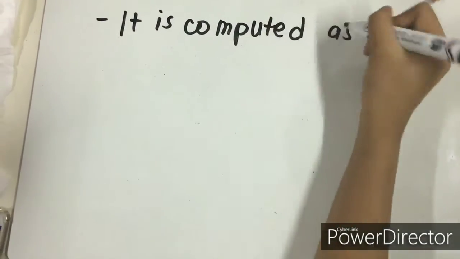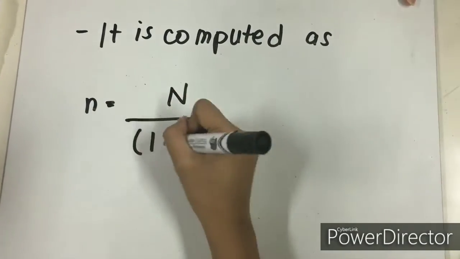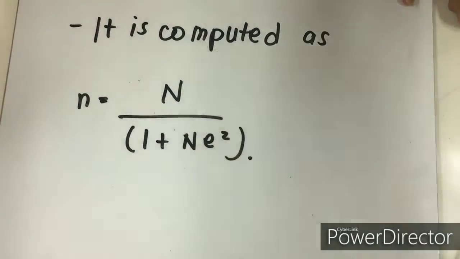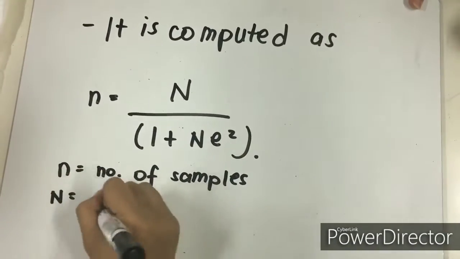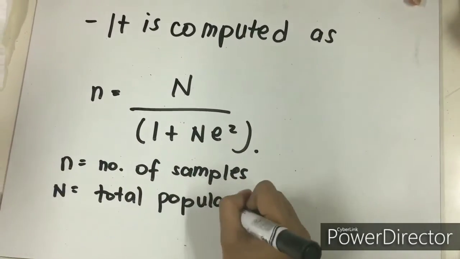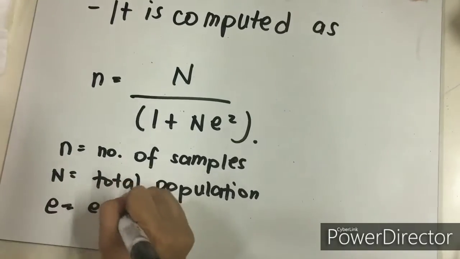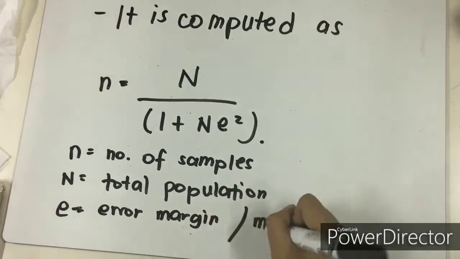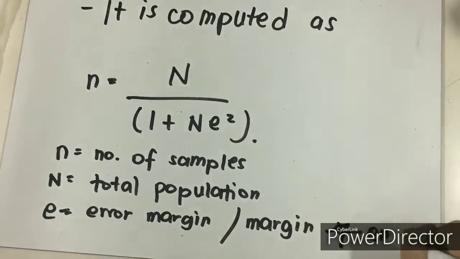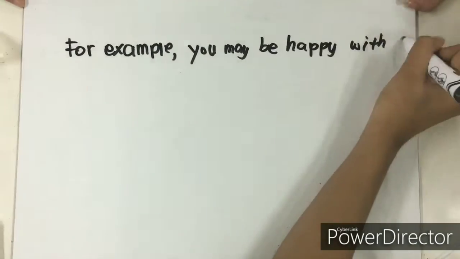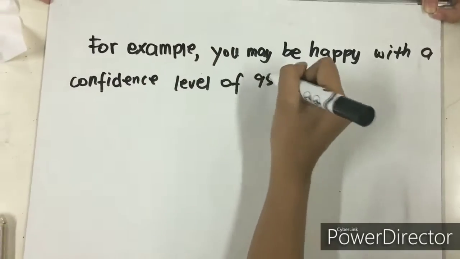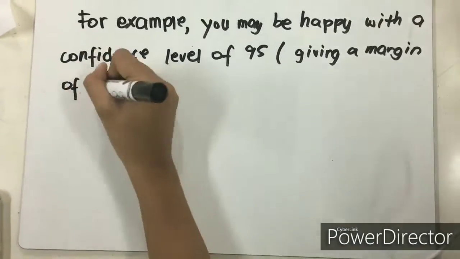It is computed as lowercase n equals uppercase N over 1 plus uppercase N times the square of lowercase e. To use the formula, first, figure out what you want your error of tolerance to be. For example, you may be happy with a confidence level of 95%, giving a margin of error of 0.05.